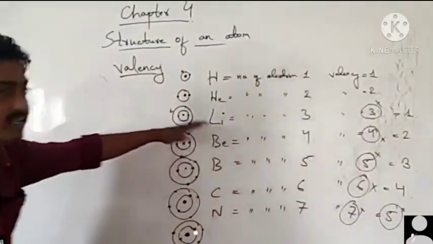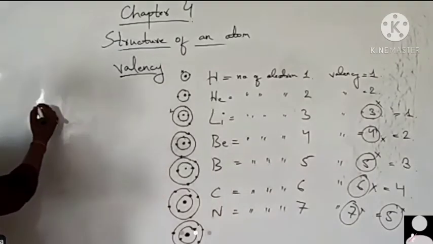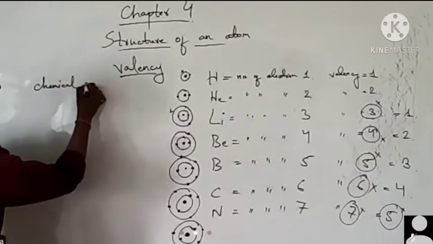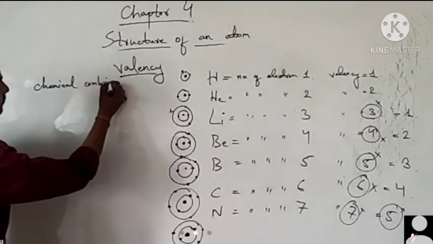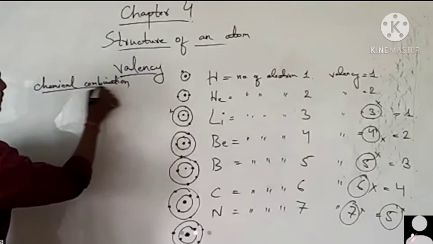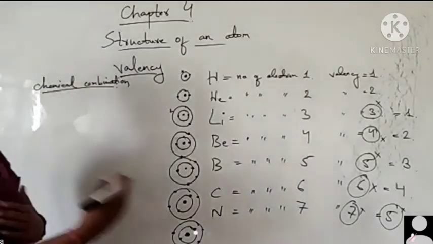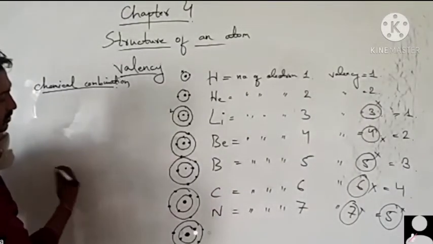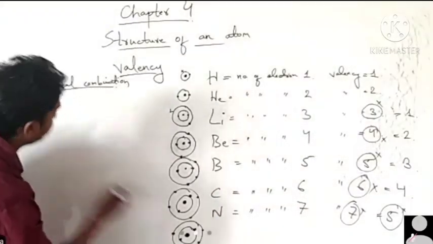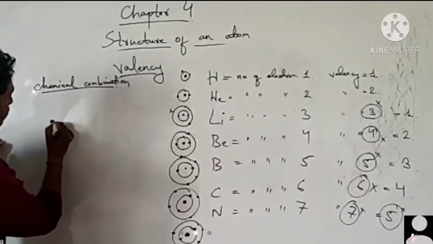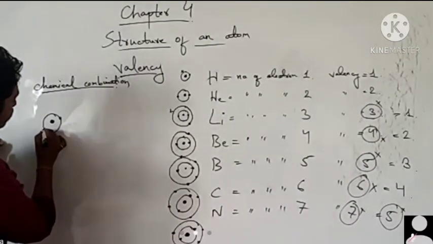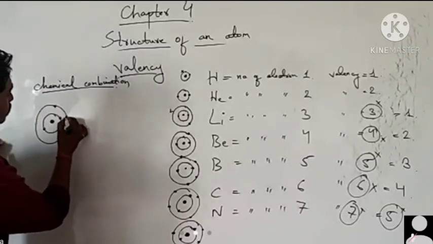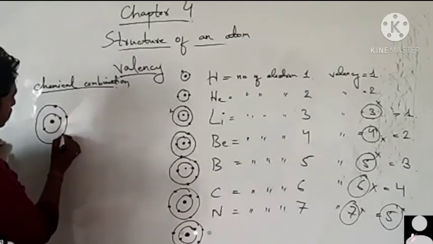As I discussed earlier, for chemical combination, exchange of electrons takes place between 2 elements. As for example, I talked about oxygen. So here in case of nitrogen, we have the nucleus, in the innermost cell we have 2 electrons, then after that we have how many electrons? 1, 2, 3, 4 and 5.